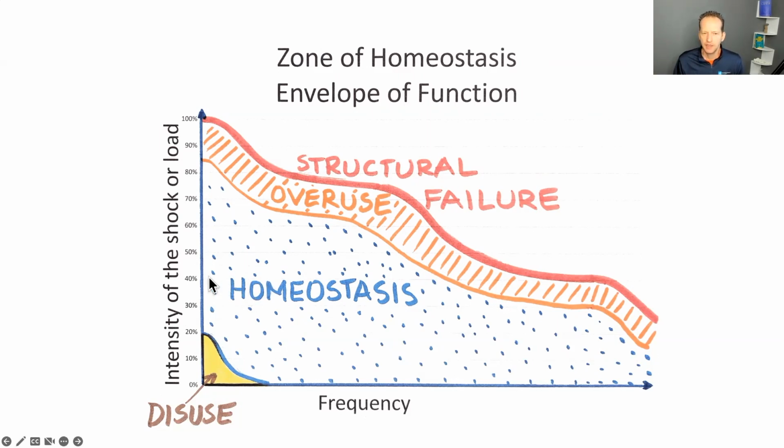But in certain situations, when you're already struggling, when the joint is not healthy or the bone is not healthy, even your normal walking, this whole structural line and overuse line can lower to the point where your activities of daily life, things that you naturally, normally used to do without any problem, can become problematic.